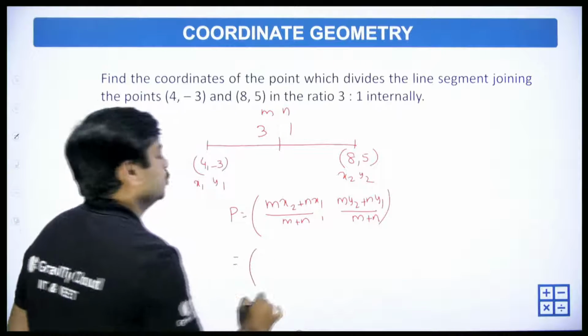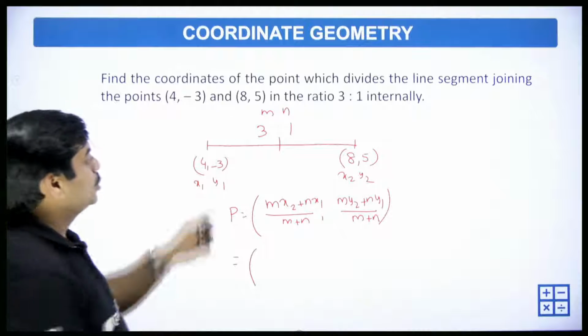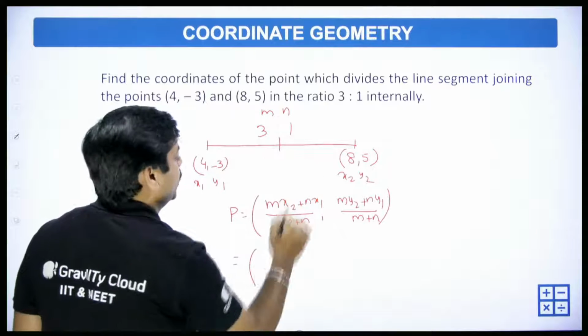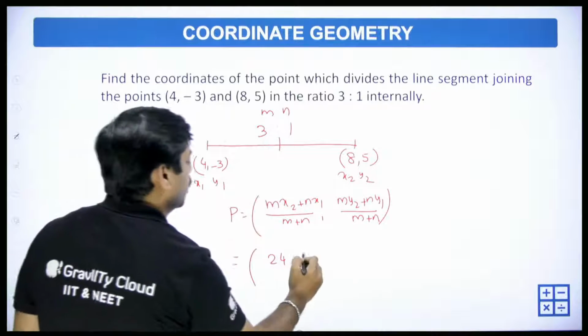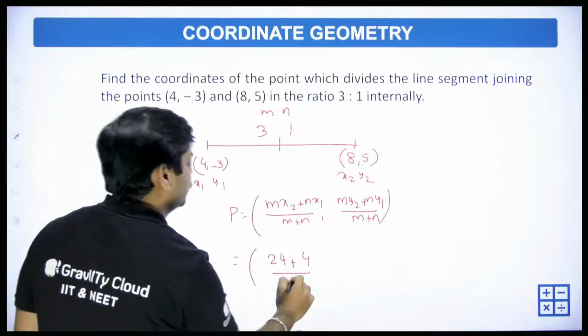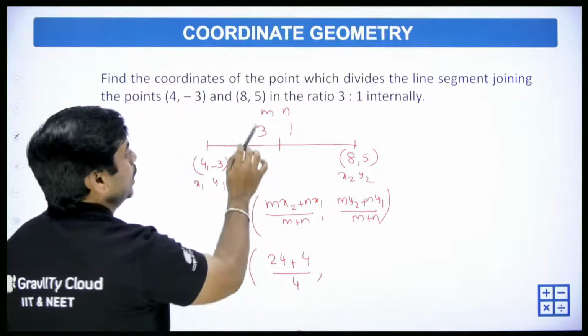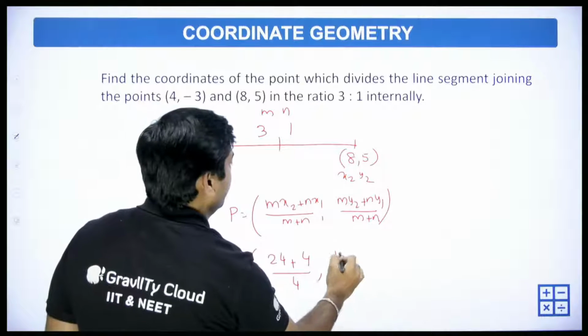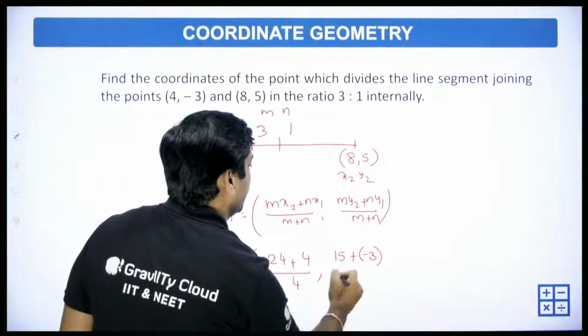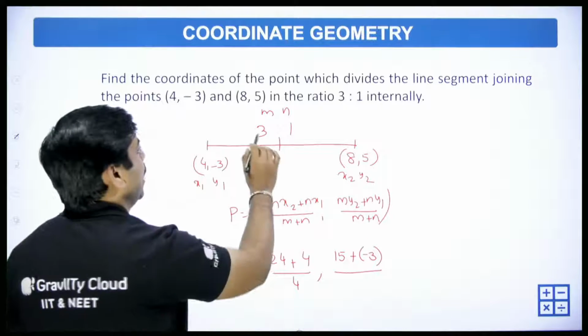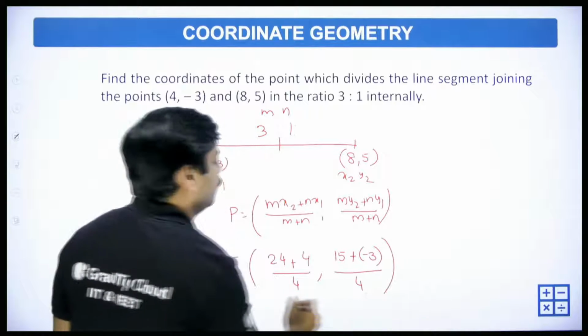So what is mx2? 3 into 8 is 24, plus nx1, 1 into 4 is 4, by m plus n, 3 plus 1 is 4, comma my2, 3 times 5 is 15, plus ny1, 1 into minus 3 is minus 3, by m plus n, 3 plus 1 is 4.